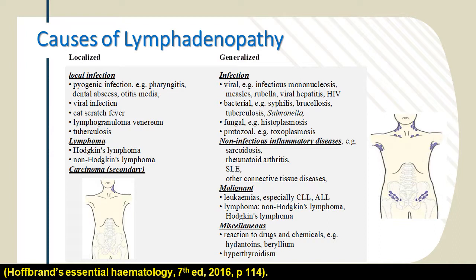Non-infectious inflammatory disease is another cause, for example, sarcoidosis, rheumatoid arthritis, systemic lupus erythematosus, or other connective tissue diseases. Malignancy can present as generalized lymphadenopathy, such as leukemia, especially chronic lymphocytic leukemia and acute lymphoblastic leukemia, as well as lymphoma.